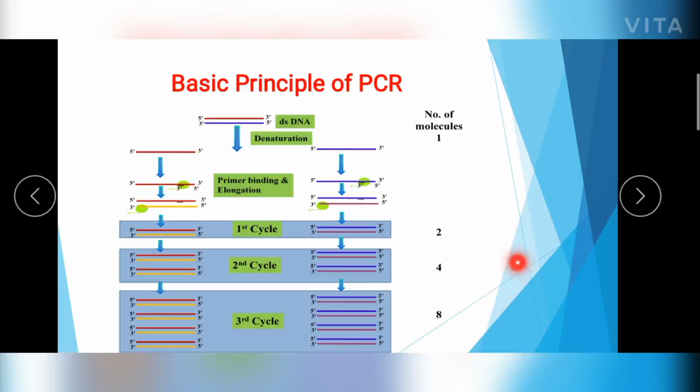Like this, the DNA gets multiplied exponentially with each cycle, and this continuous doubling is mediated by the enzyme called Taq DNA polymerase. So at the end of the reaction you will have millions of copies of DNA, and in each PCR reaction normally 30 to 45 cycles are run.